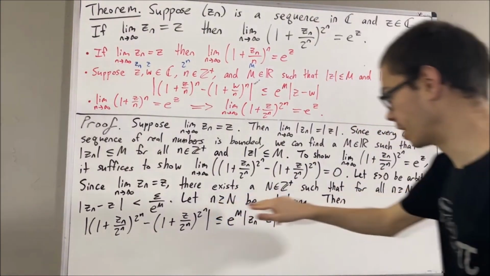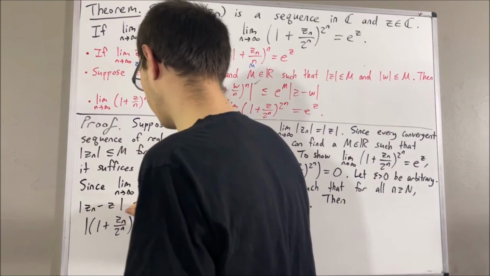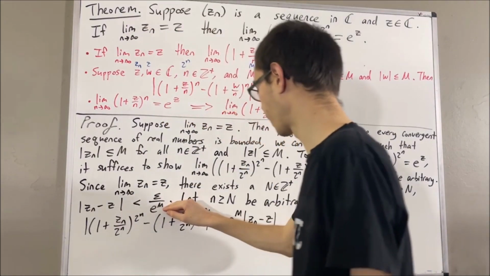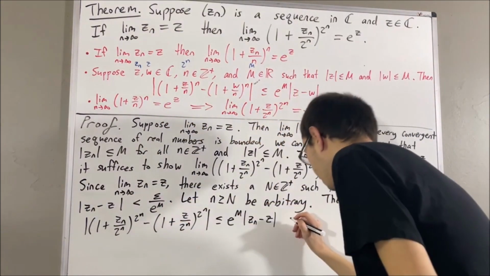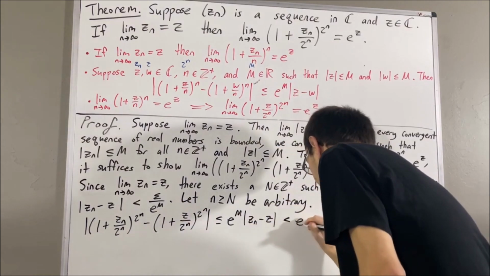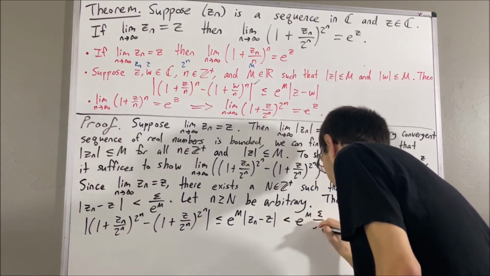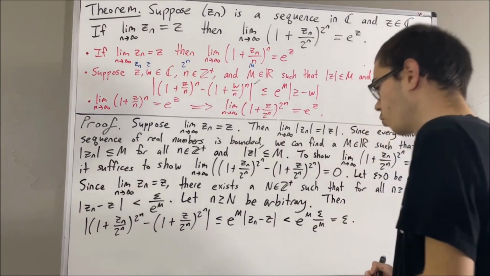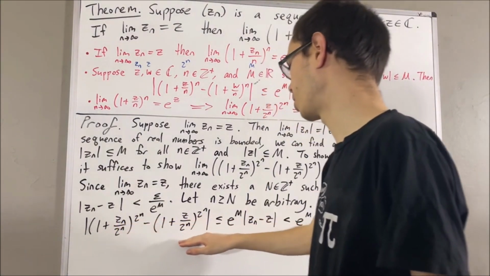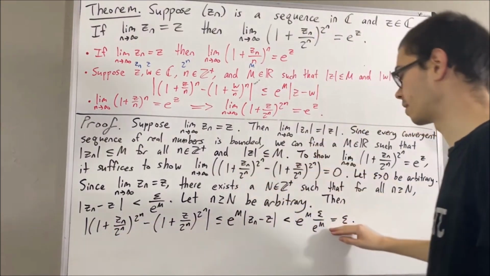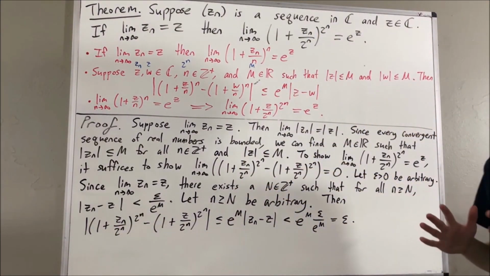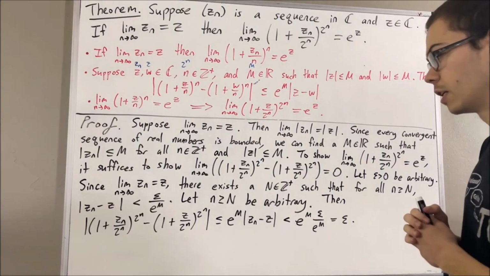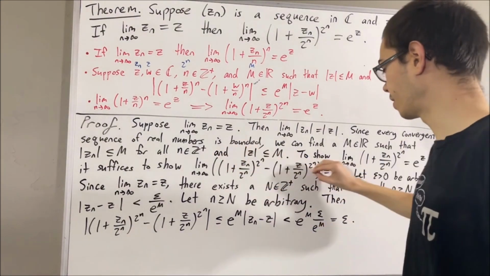So taking n to be n, we have that this inequality is true. And therefore, this must be less than e to the m times epsilon over e to the m, which is equal to epsilon. And so we have shown that the absolute value of the nth term of this sequence is less than epsilon, which is exactly what we wanted to show. And that means we have shown that the sequence converges to 0.